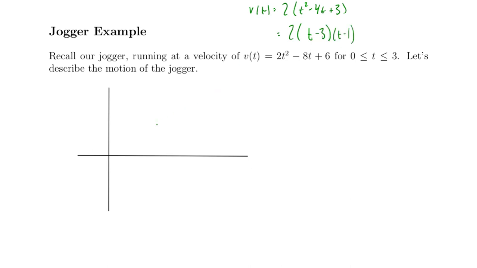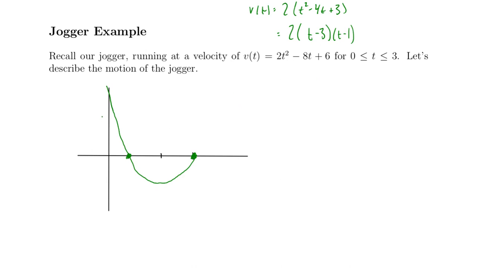This is really helpful because now I know that my parabola crosses the x-axis at 1 and 3, and I know it's opening up, so it's going to look something like this. And now if I'm cutting things off at 3, then what I'll really do is just stop right there.